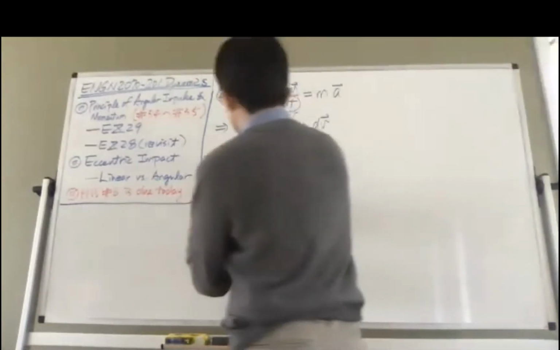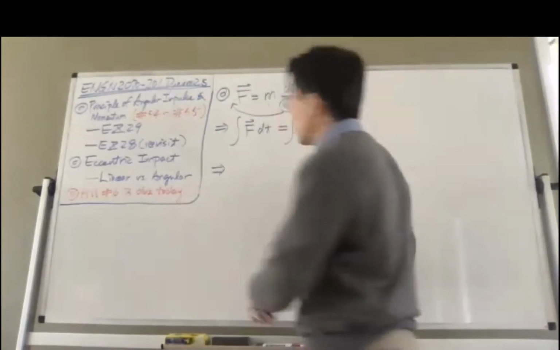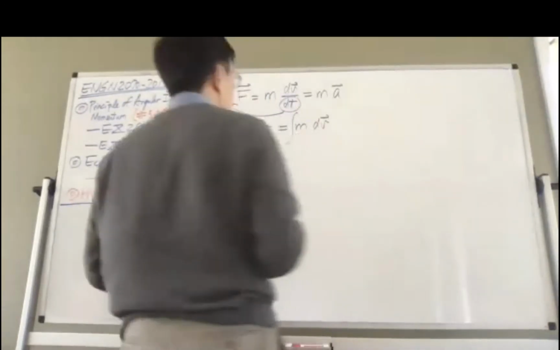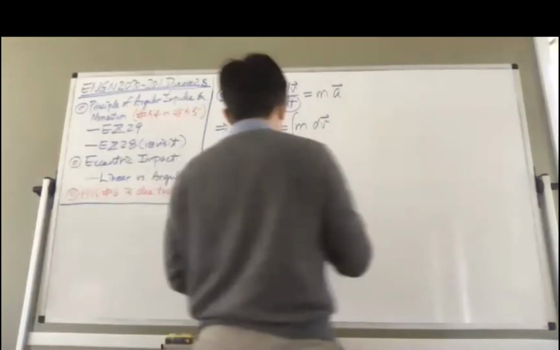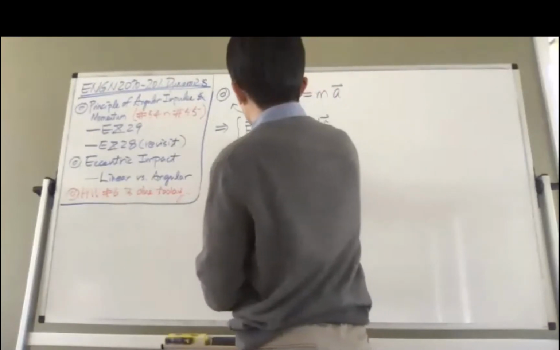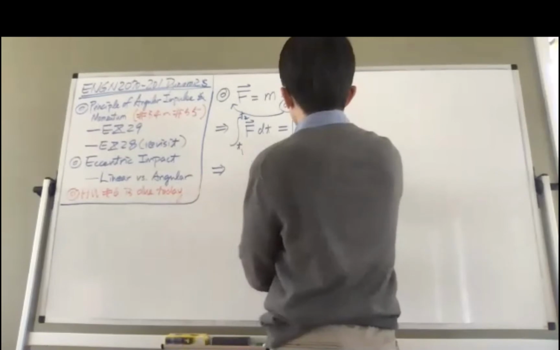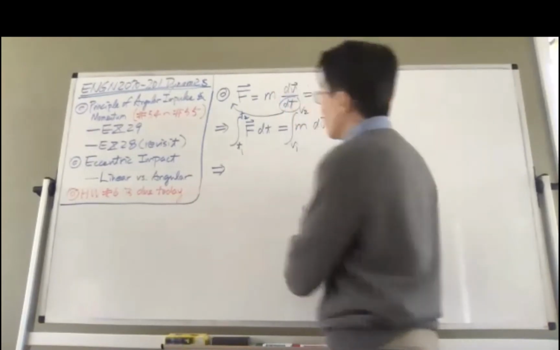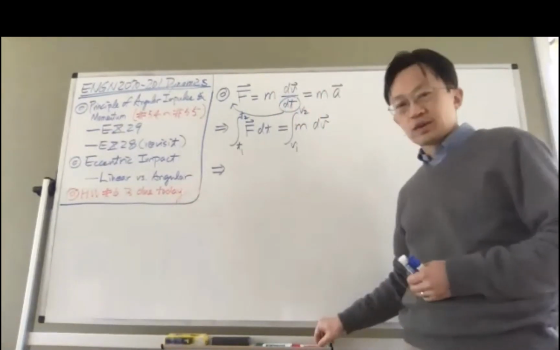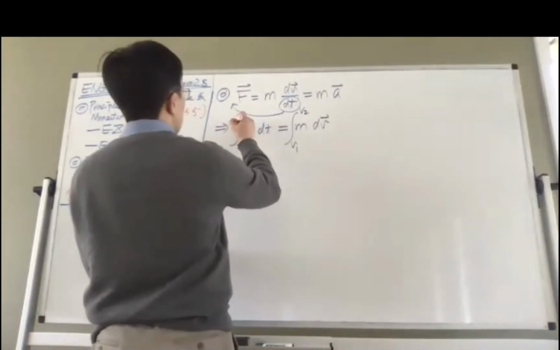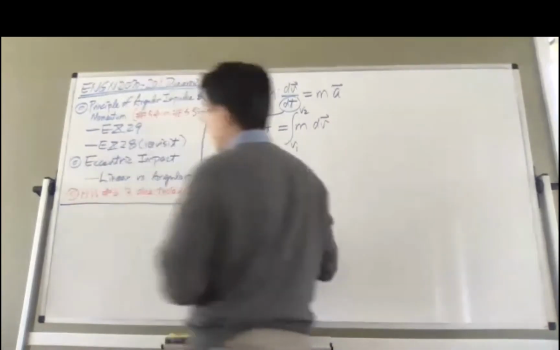And of course, we will not be able to evaluate these two integrals without providing the limits. So for the left-hand side, you say from t1 to t2, and the right-hand side from v1 to v2. For the entire system, you always want to consider all different kinds of forces, which is why we usually put the summation on the left-hand side.